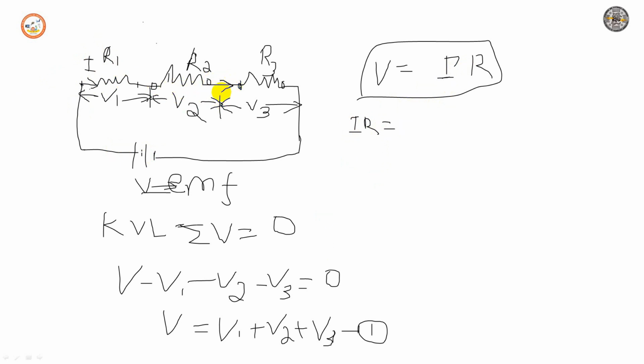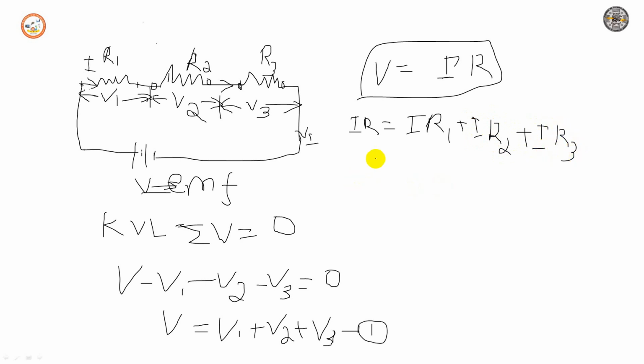So IR is equal to I R1 plus I R2 plus I R3.